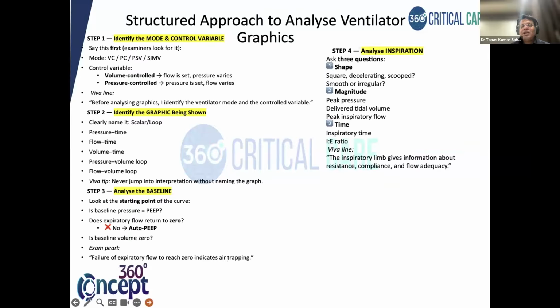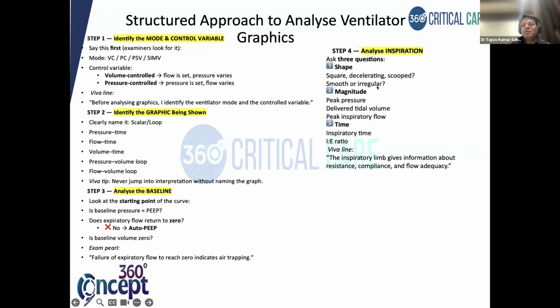Now step 4 would be inspiration. Analyze the inspiration. So you have first identified the mode and the control, second the graphic, whether it is a scalar or a loop. Then start from the baseline, and from there you go to inspiration. Now for inspiration, you ask 3 questions. The shape: whether it is square, decelerating, scooped, smooth or irregular.